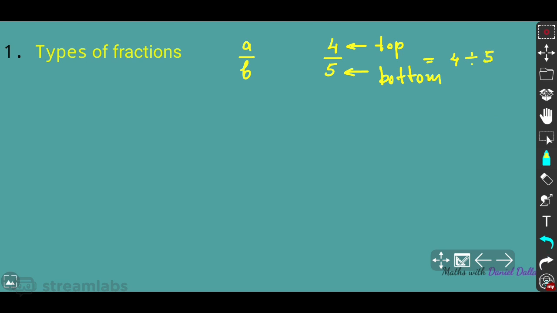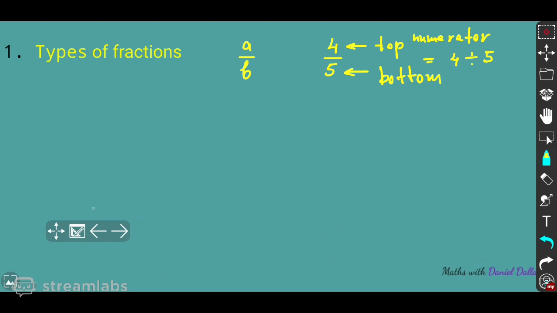The top one we used to call the numerator, so we have a specific term for that, and the bottom one is the denominator. So we have numerator over denominator. And now it's the right time to categorize.